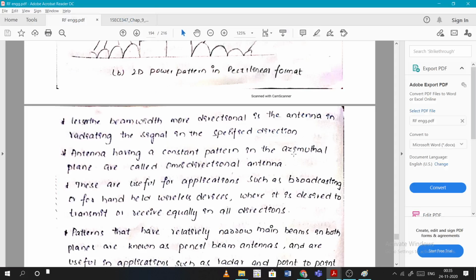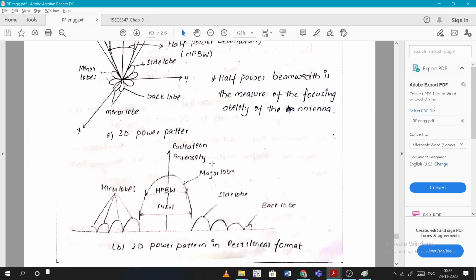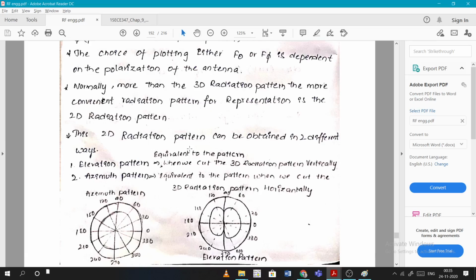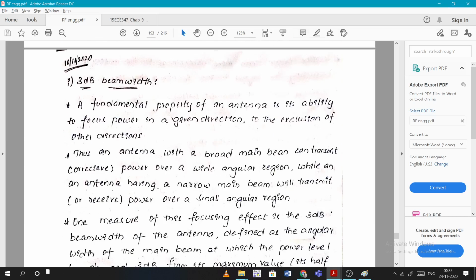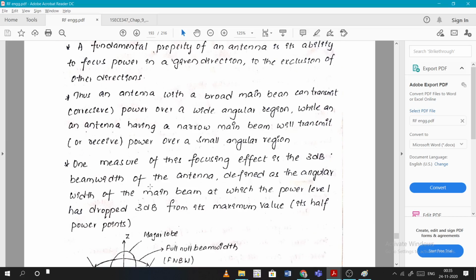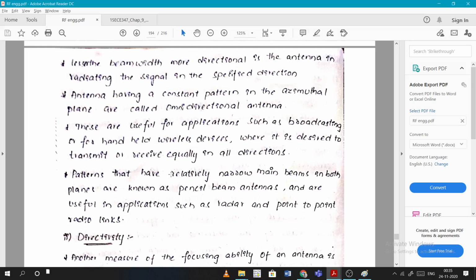An antenna having a constant pattern in the azimuthal plane is called an omnidirectional antenna. The azimuthal plane is what you get when you cut the 3D pattern horizontally; if you get a constant pattern, we call it an omnidirectional antenna.